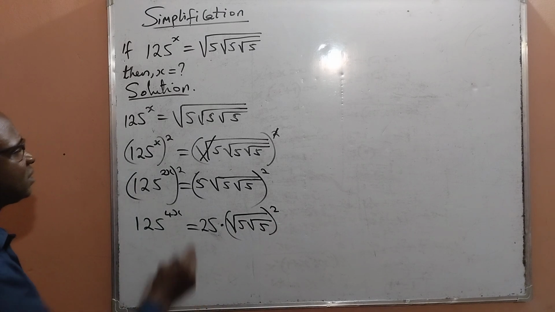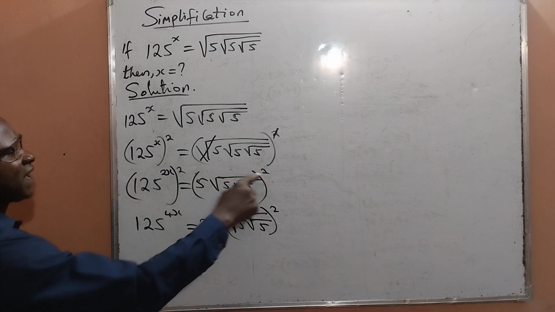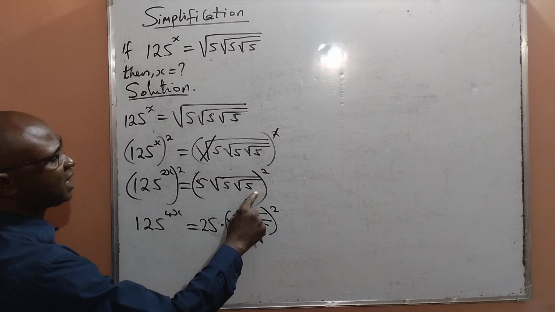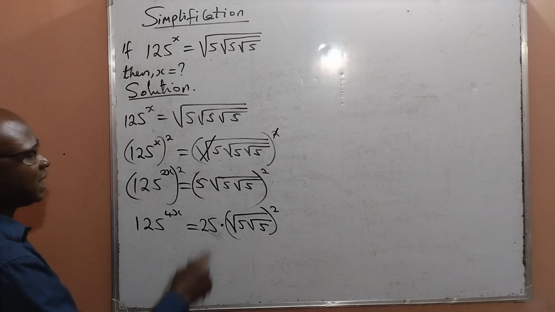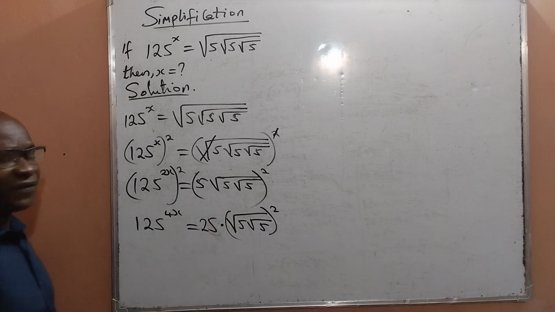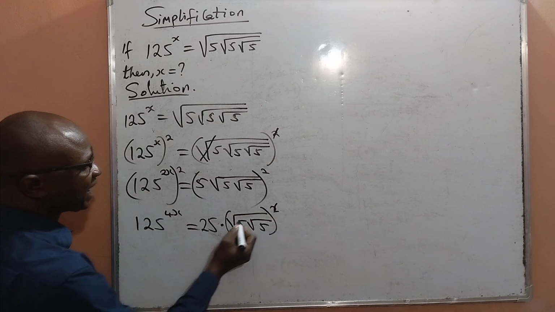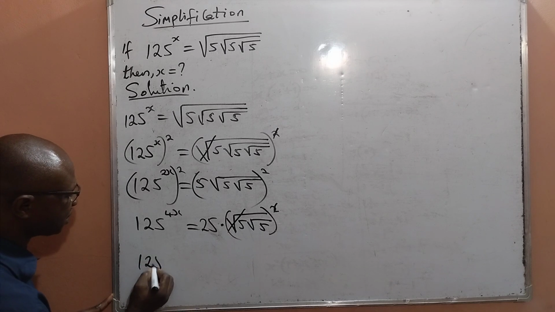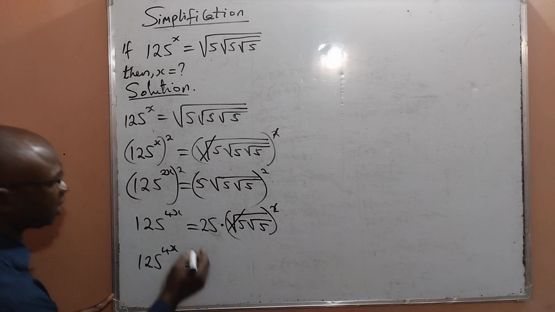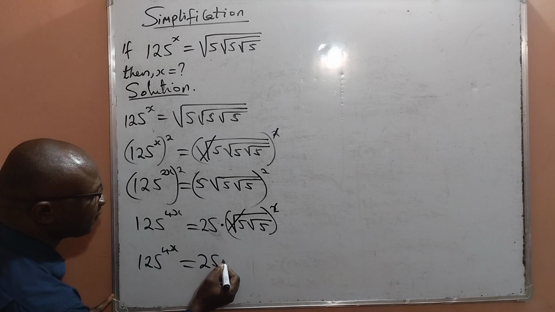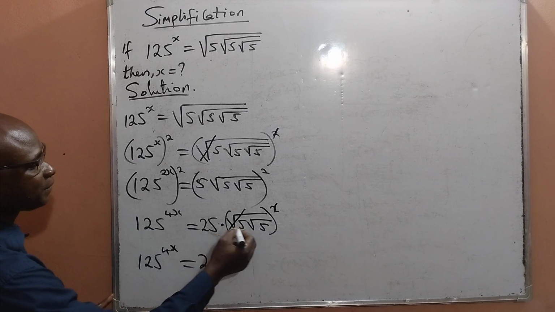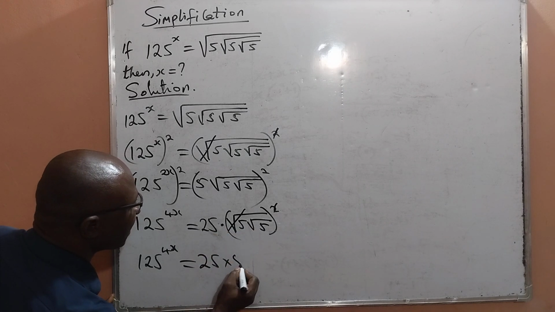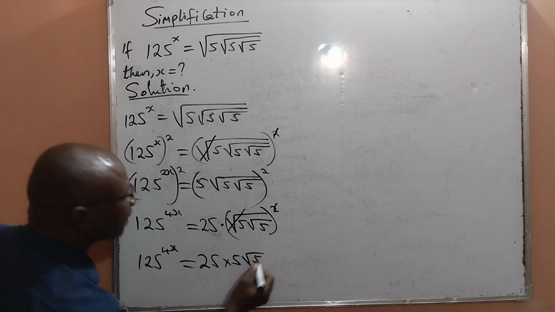What I have done is that I have splintered it. This 5 is to the power 2, and everything I have here is also to the power 2. Having squared this 5, I got 25. Therefore, these 2 will cancel out with this square root sign to leave me with 125 to the power of 4x equal to 25 multiplied by 5, then root 5.